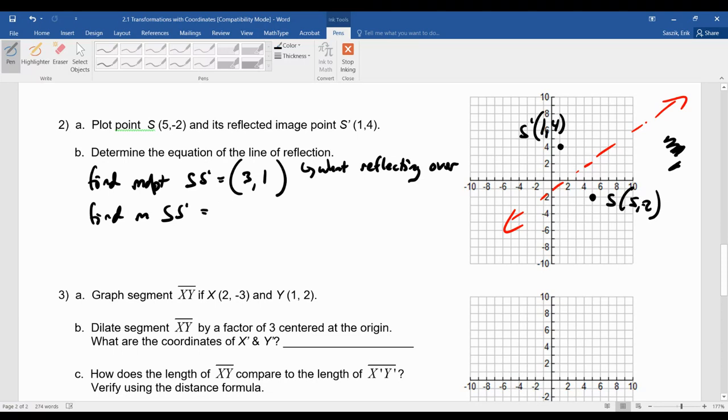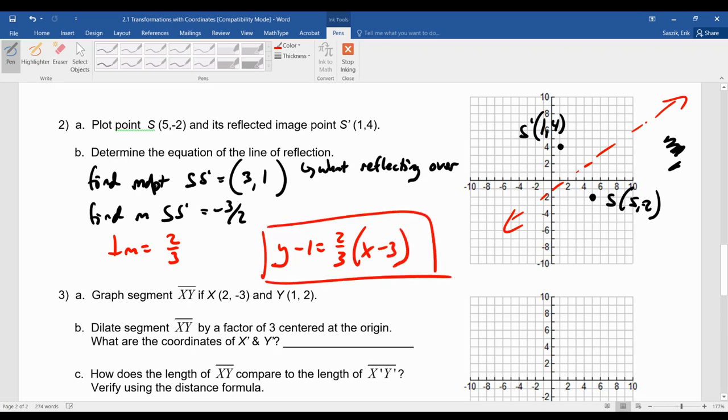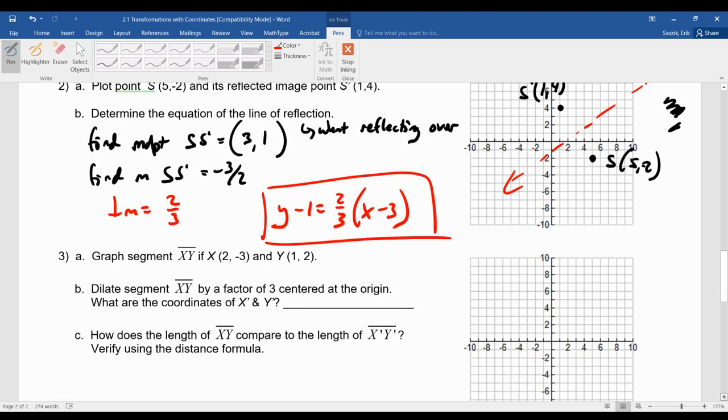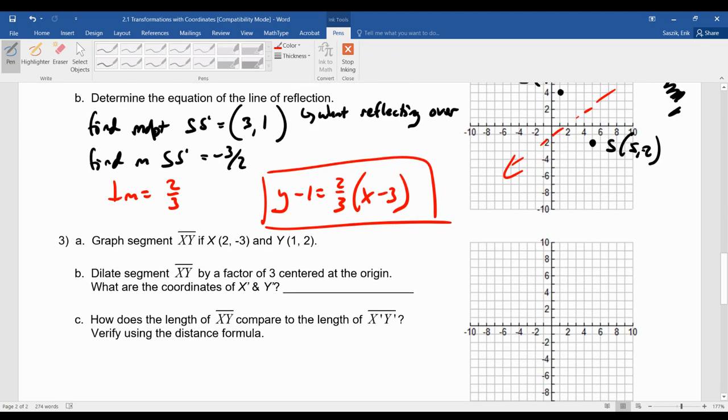And that's, of course, going to be what? 4 minus -2 is 6. 1 minus 5 is -4. That reduces to -3/2. So our red line, the perpendicular slope would have to be positive 2/3. And we know a point that it goes through. So we're going to use point slope. There you go. We're all done.